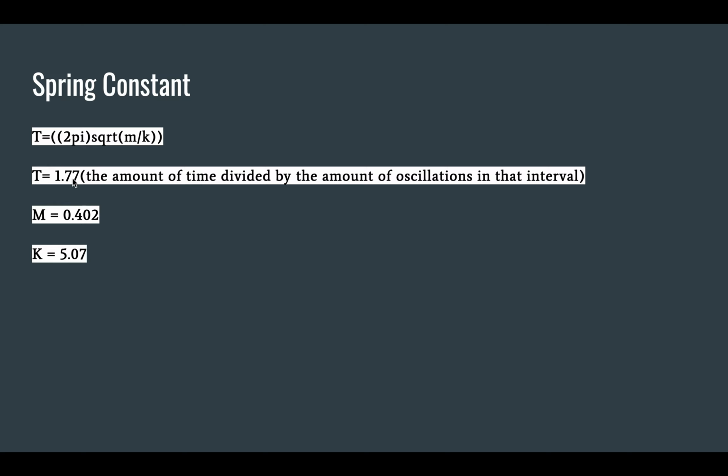So we know that the period T equals 1.77 seconds, which is the amount of time divided by the number of oscillations in that interval, and we know that the mass is equal to 0.402 kilograms. If we plug in all of our numbers, we find the unknown k is equal to 5.07.